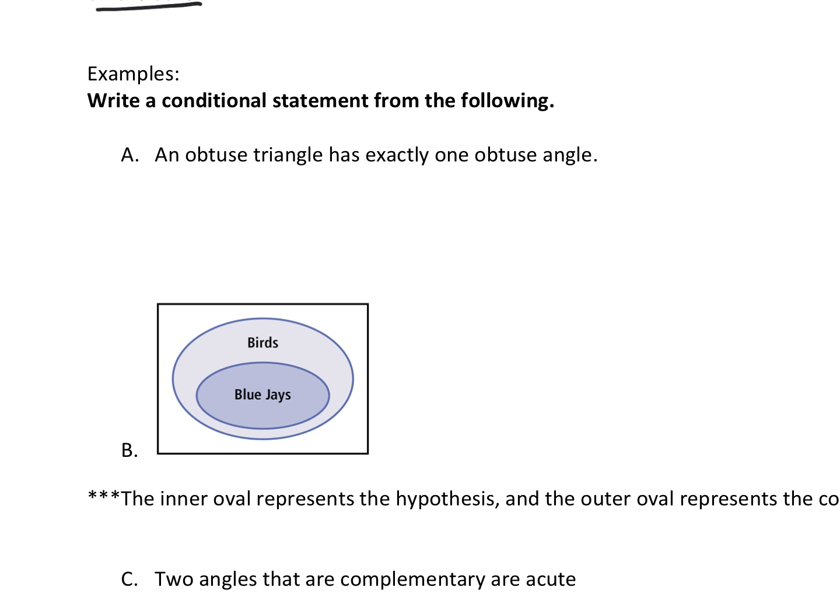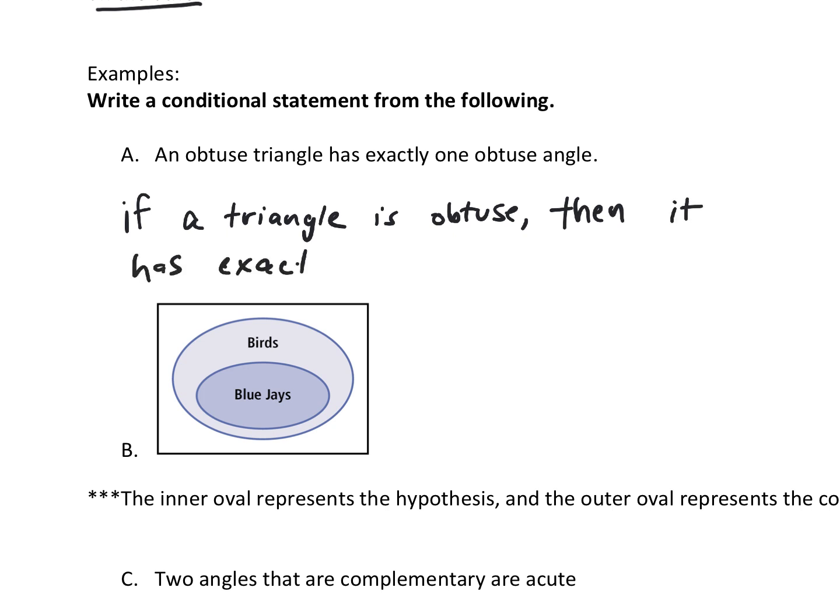So what we need to do is determine our conditional statement. So what we know is that if a triangle were not obtuse, it would have no obtuse angles. So what we would say, our if statement here is if a triangle is obtuse, then it has exactly one obtuse angle.